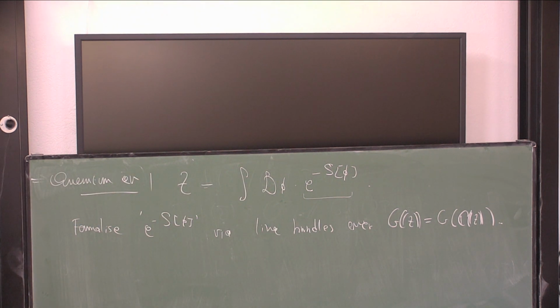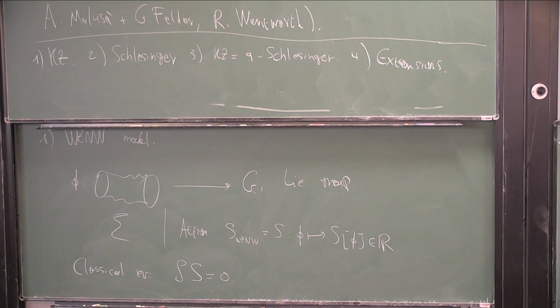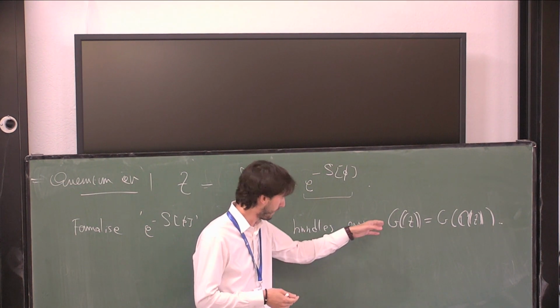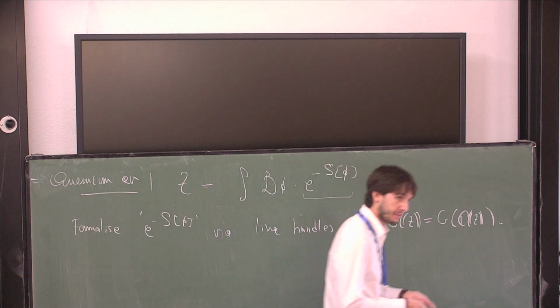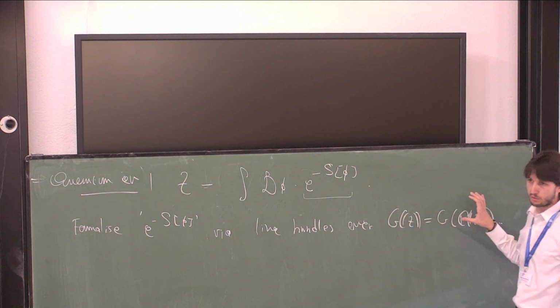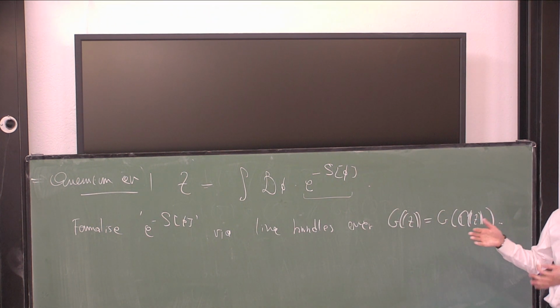I don't want to get into any details, but I just want to say that sections of such bundles are naturally acted on by the loop group, and in the infinitesimal version by the loop algebra, and then the central extension, the affine Lie algebra. So naturally, in this viewpoint, to try and formalize this, one is led to consider modules for affine Lie algebras, which turn out to be highest weight.